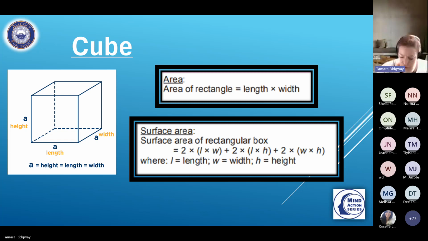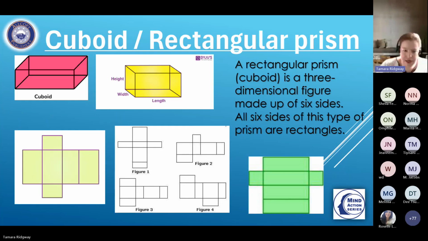We then get on to the cuboid or rectangular prism, and I went down a great rabbit hole here because I wanted to know what the difference is, if any, between a cuboid and a rectangular prism, and there wasn't a difference. I knew there wasn't, but I had to prove it to myself.